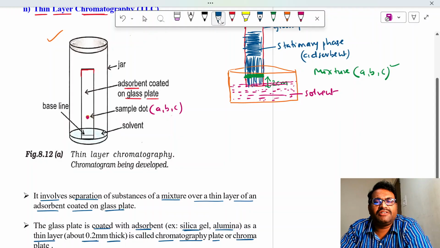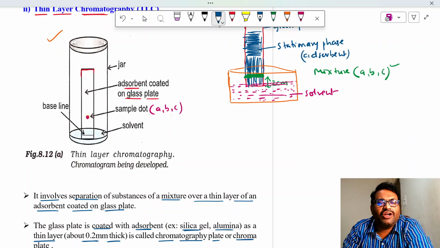Now what happens? This solvent moves over the stationary phase, like this. Who is moving? Solvent is moving. Solvent is also called the mobile phase.